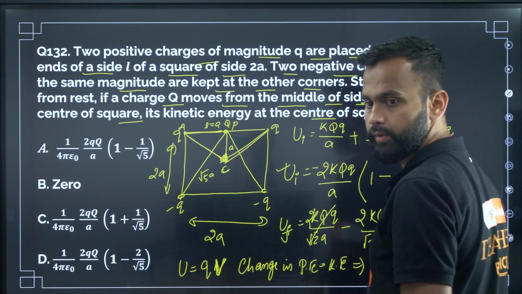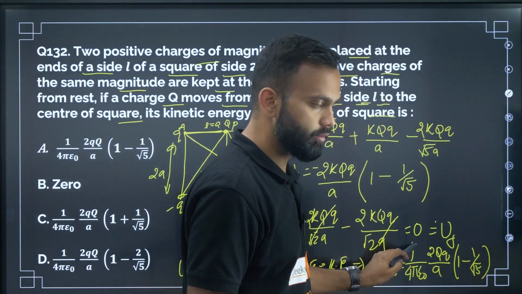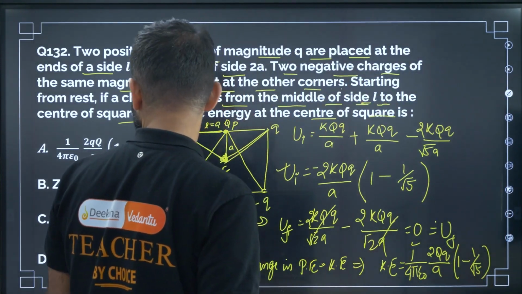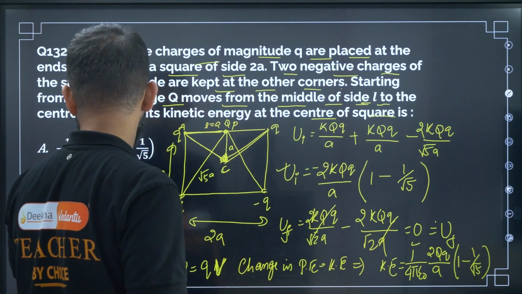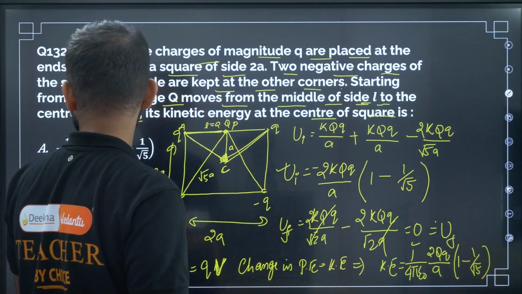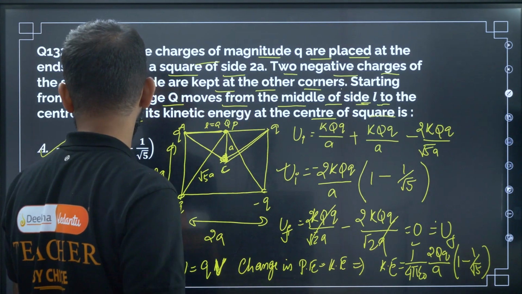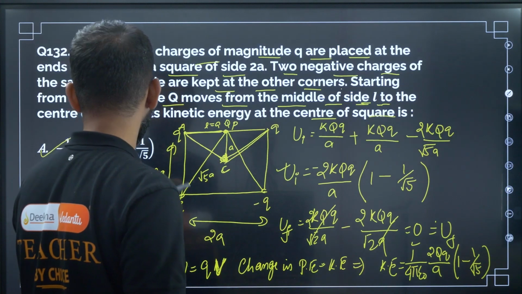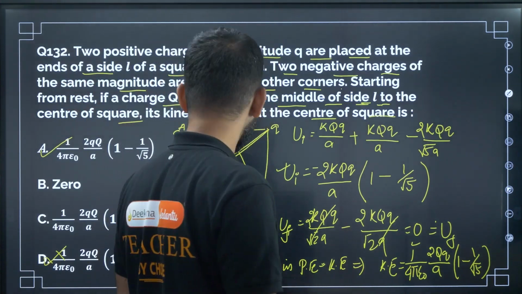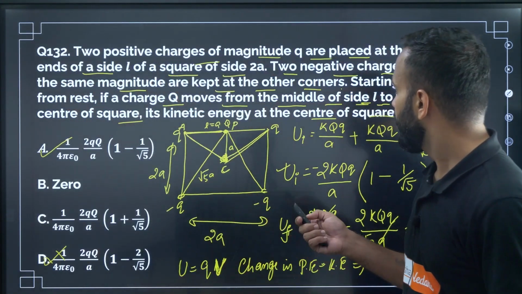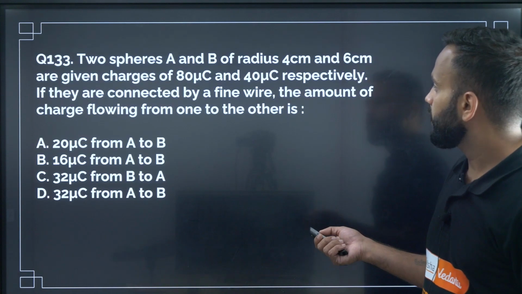Okay, this is the final answer. So the correct option is B, right? Sorry, the correct option is A, 1 divided by 4 pi epsilon naught 2qq divided by a into 1 minus 1 by root 5, right? So the correct option is A. Yeah, next question, question number 133.